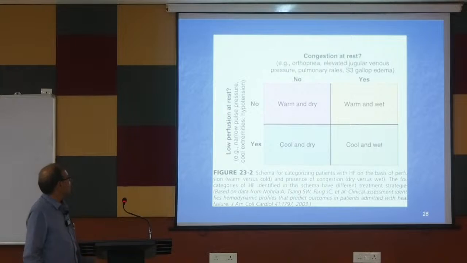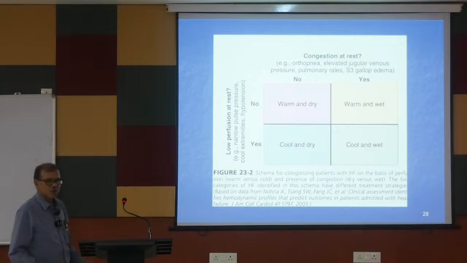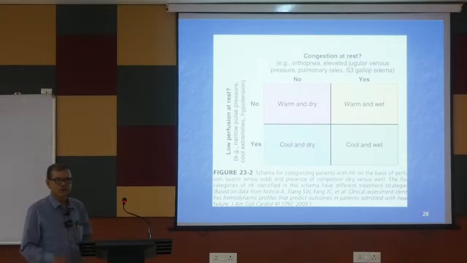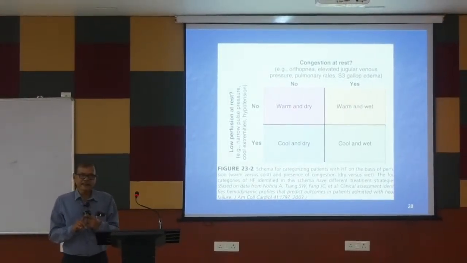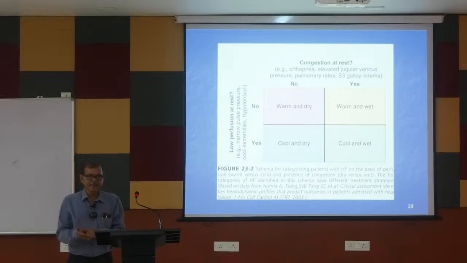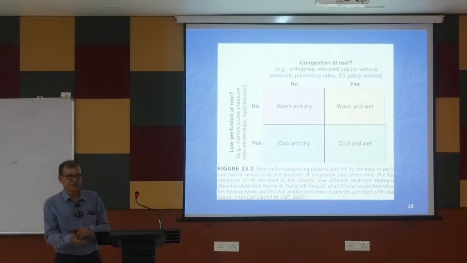And when both congestion at rest and low perfusion at rest coexist, then the situation of the hand is cool and wet. So, from the beginning, number one, capillary refill. Number two, status of the hand. Number three, pulse pressure or pulse volume. Number four, blood pressure.